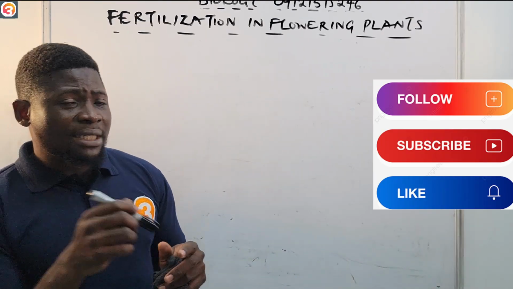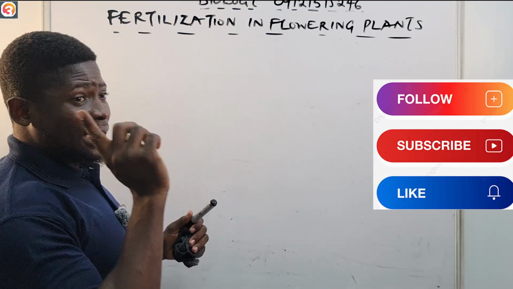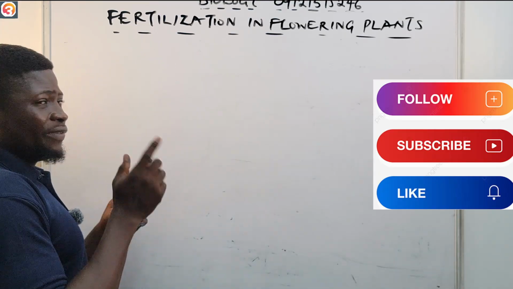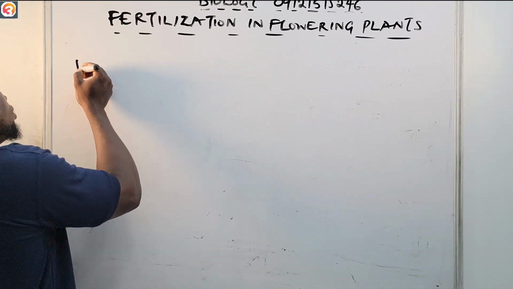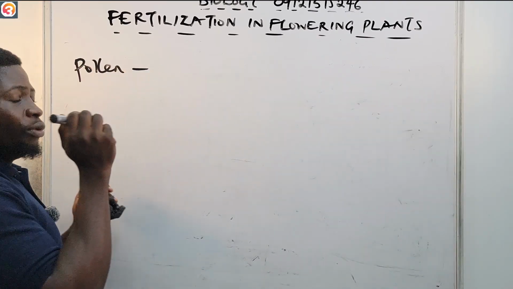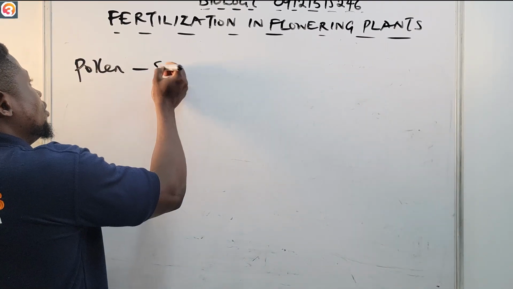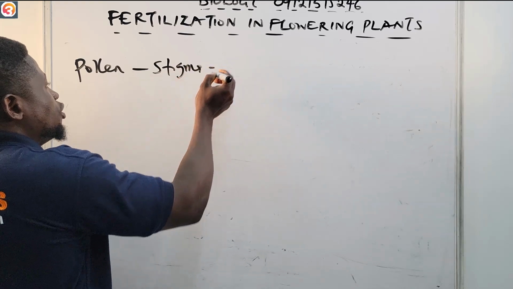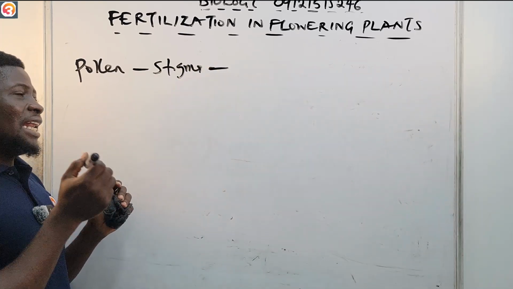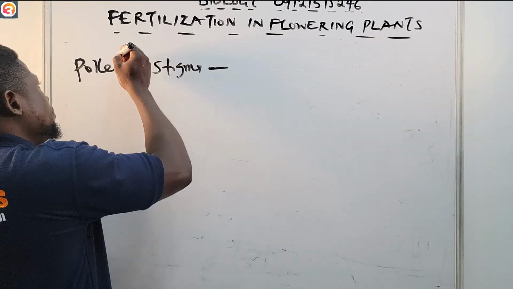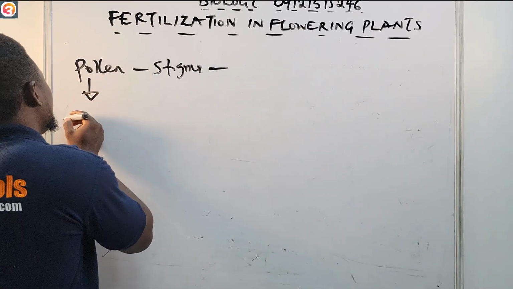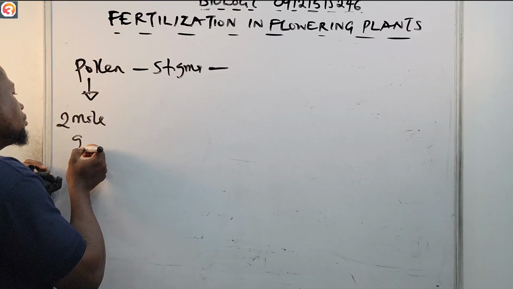All right, so now basically let me go over that again. The pollen will find a compatible stigma, and then it will land on the stigma. Once it lands on the stigma, it will go down, carrying the male gametes.